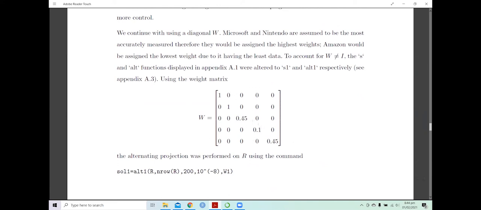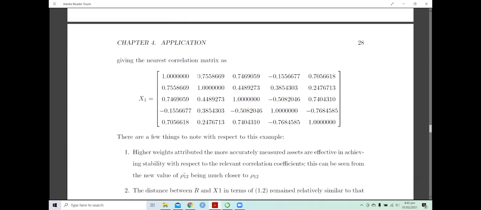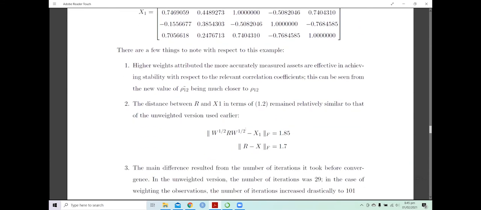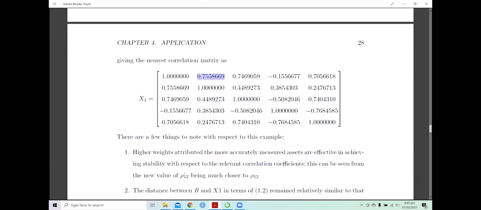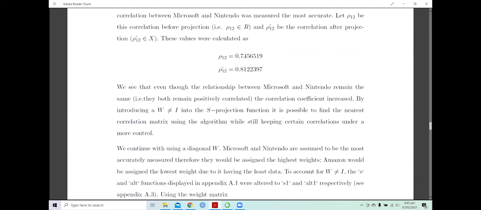That's why it's 0.1. If these are weighted, you can preserve the relationship a bit more. The correlation stayed relatively similar to the original, 0.756 versus the original 0.746. So that's a bit better.